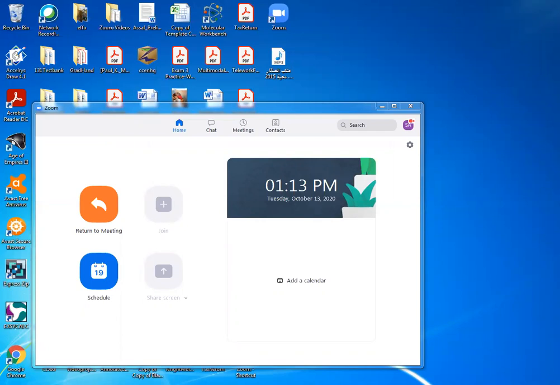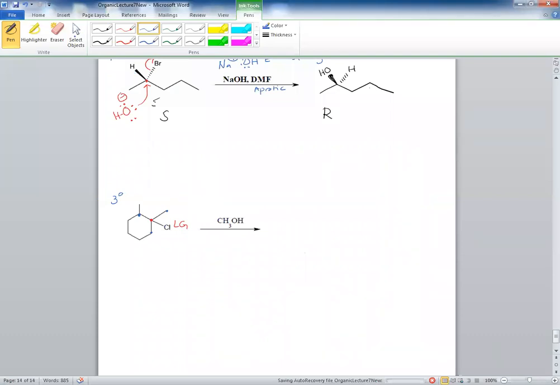But let's continue and see what other information is given to us. If we look closely at this, we notice that we have no strong nucleophile. So this is a weak nucleophile. Plus, this is a polar protic solvent. All of these hint toward an SN1 reaction.